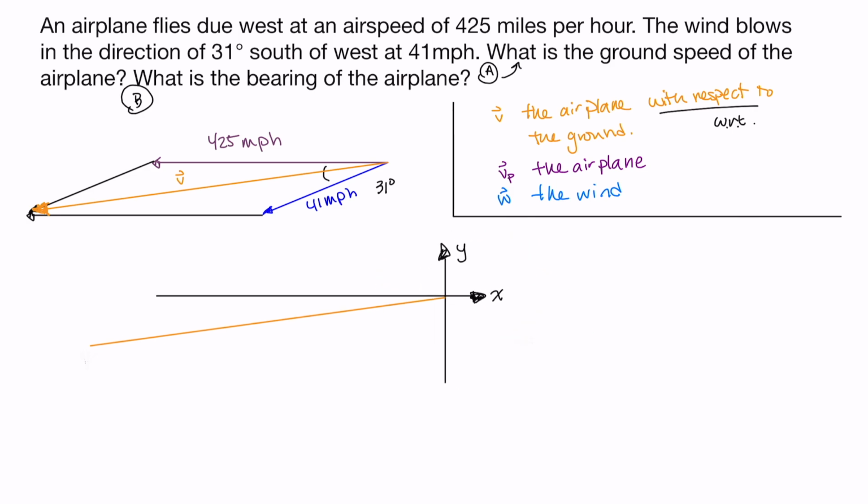There we go. So here's our resultant vector V, and what we're looking for is this angle here. What is this angle? Well, if you remember about V, we already know what its x value and y value are.